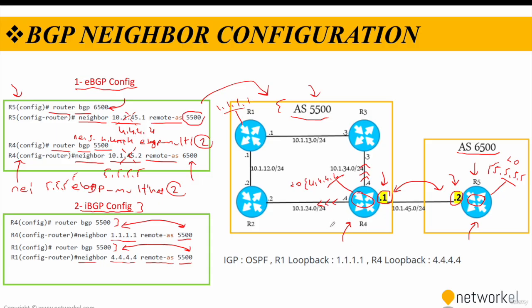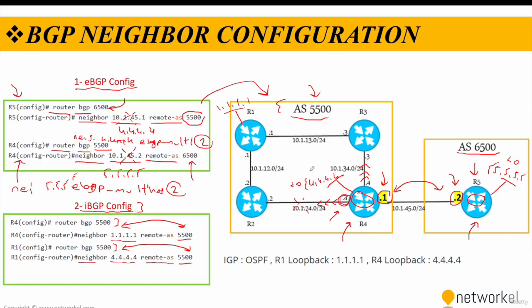So mostly in iBGP, the peering is done through the loopback interfaces. Why? Because if I do the peering from my actual interface itself, and somehow this link goes down, even if I have an alternate path to reach router 1 from router 4, which is this one, the BGP neighborship will fail because I am doing the peering by using this IP address.